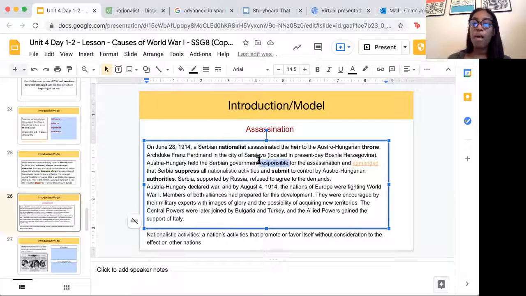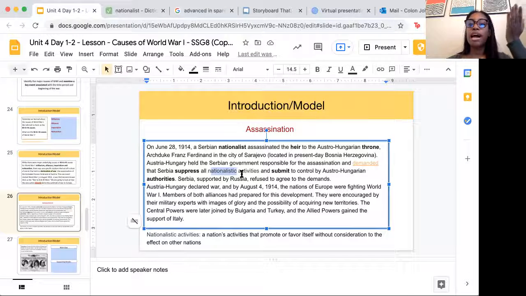You killed our Archduke Franz Ferdinand. Okay, so now there is a problem. This is seen as an act of aggression. An act of aggression is what sets off this war. So they're of course going to demand that Serbia suppress all of their nationalistic activities that show so much love for Serbia, and that they have to submit to the control of the Austro-Hungarian authorities.